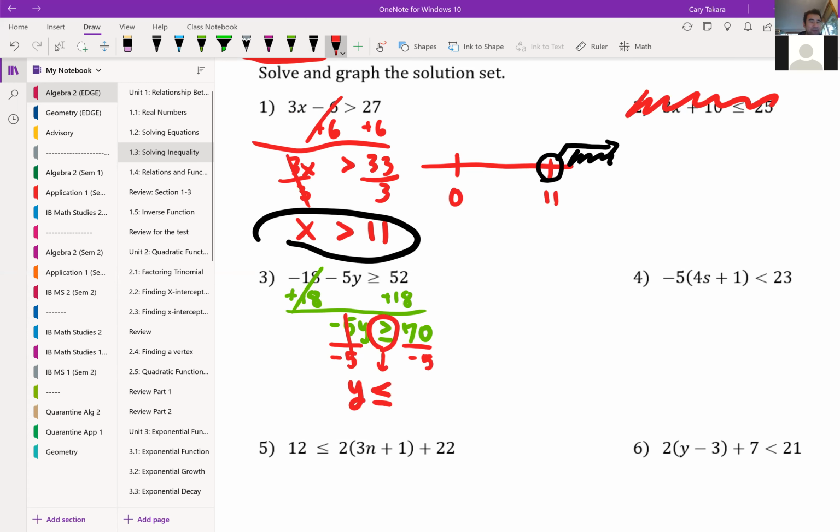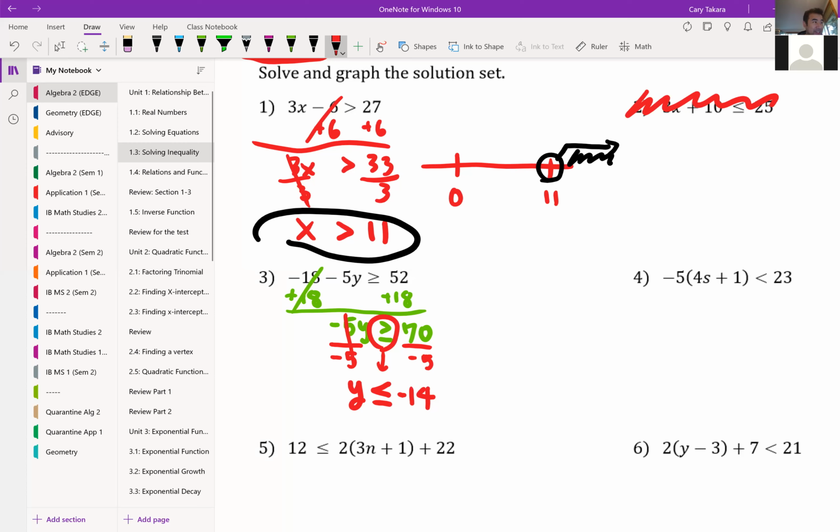It used to be greater than, but now it's less than. What's 70 divided by 5? 14? Negative 14. So the answer is y is less than or equal to negative 14.